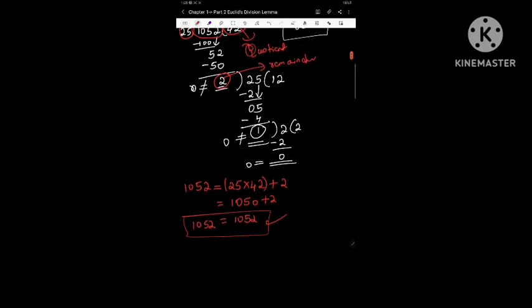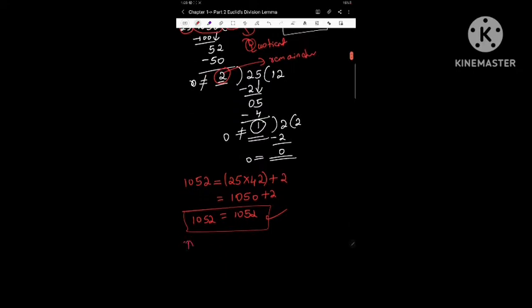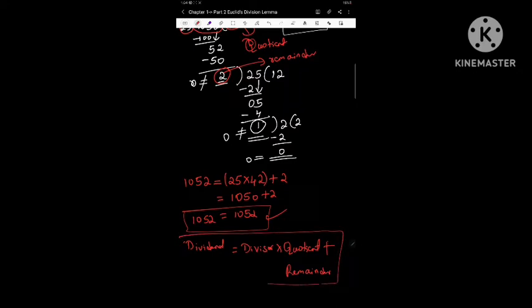So can we just say that dividend equals divisor into quotient plus remainder? Yes, of course we can say that, because we have seen here this holds good completely fine.